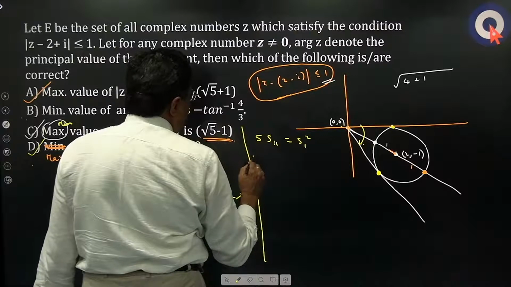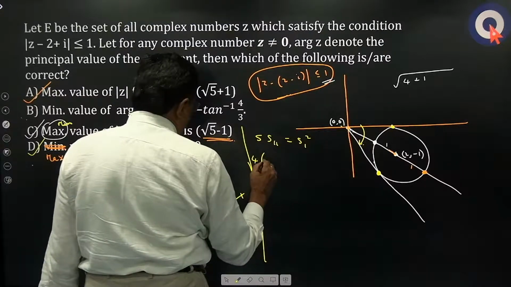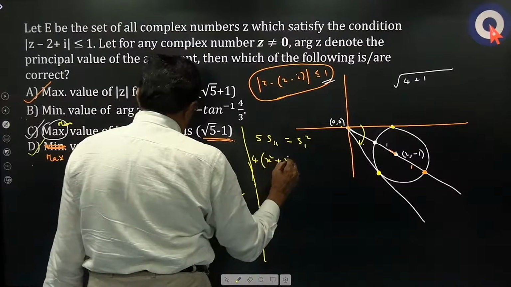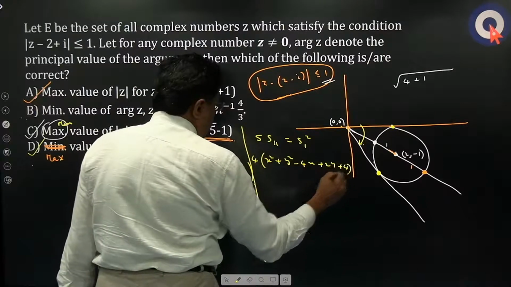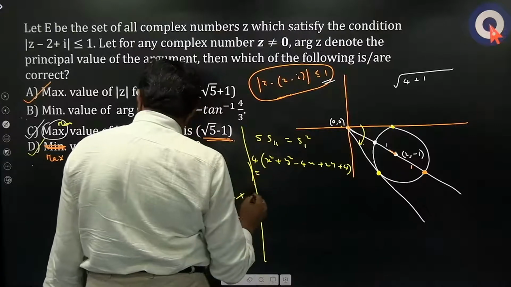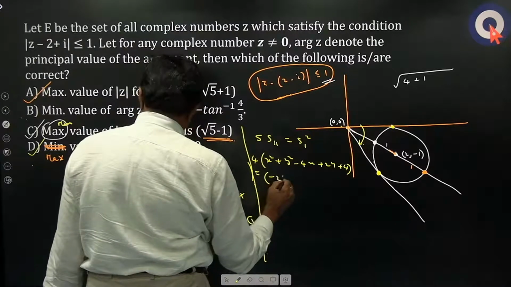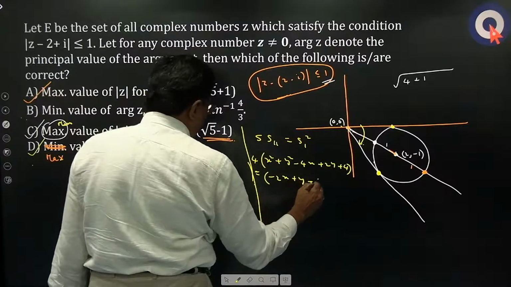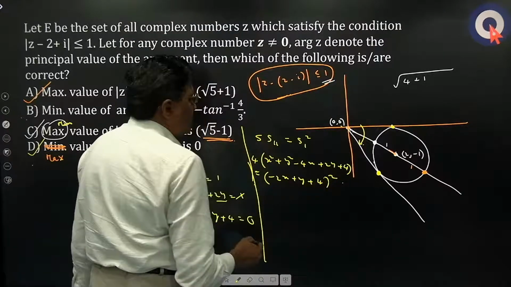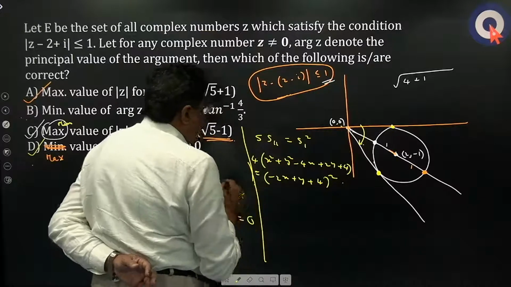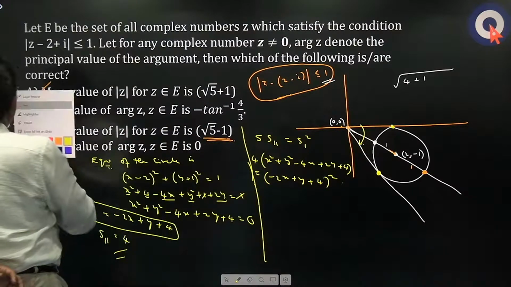So S11 is 4 into S, which is x square plus y square minus 4x plus 2y plus 4, is equal to S1 square, which is minus 2x plus y plus 4, whole square. I'll do a little simplification here.